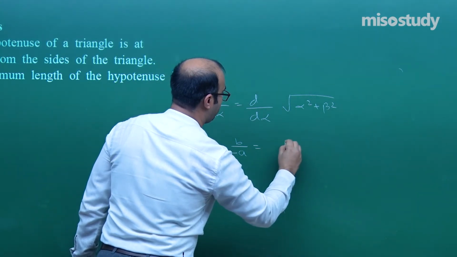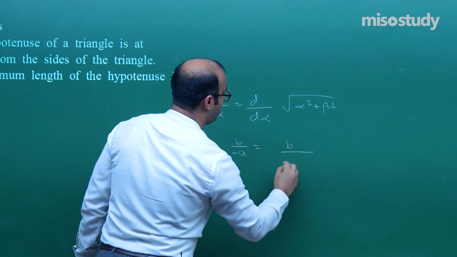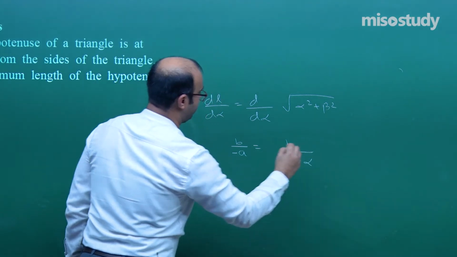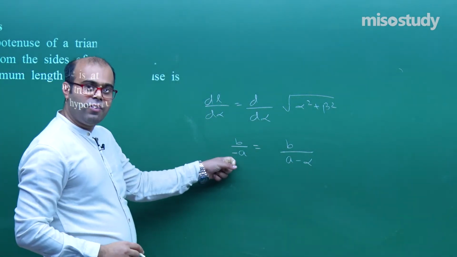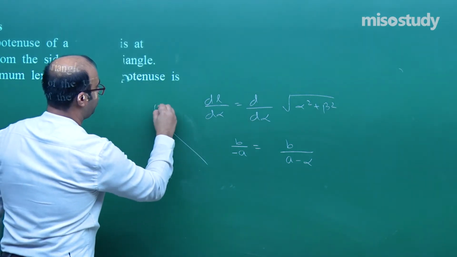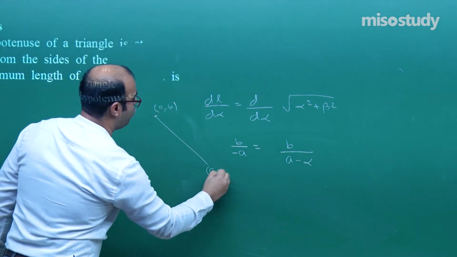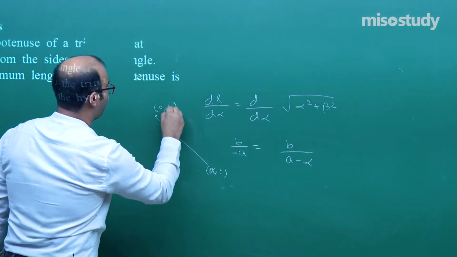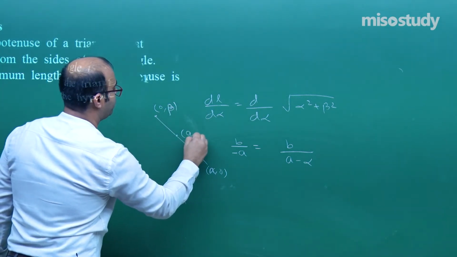The point was a comma b. So b minus 0 by a minus alpha, right? So minus b by a was one way of finding the slope. If you remember, this was the line. This is 0 comma b. This is a comma 0, alpha comma 0, 0 comma beta. This is a comma b.